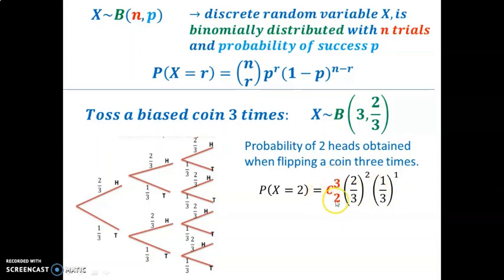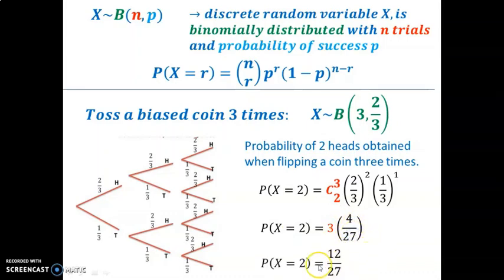So again, this tells us there will be 3 paths, and each of the 3 paths will look like this, where you have 2 heads followed by 1 tail, and the order of this doesn't matter. That is the binomial distribution formula that's going to help us. All right, so that works out to 3 paths, and each path looks like this, and therefore our probability is 12/27. It's that easy. It really is that easy.